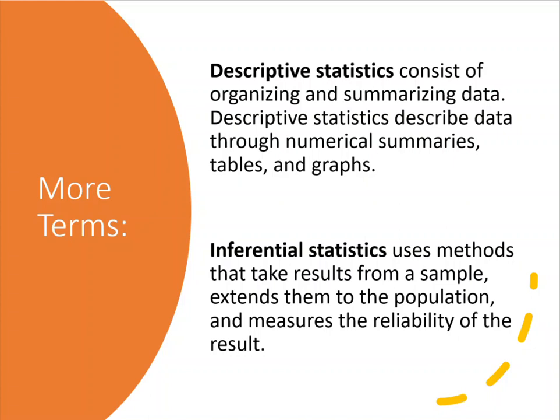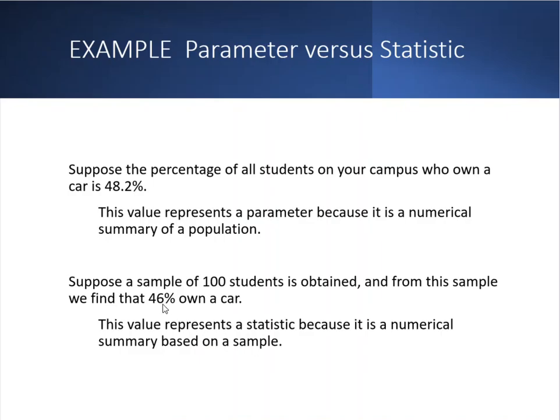And I'm going to do that using numerical summaries, tables, and graphs. So in the previous slide, when we were talking about 46% of the students who owned a car, that's considered a descriptive statistic. Same as 48.2% of all the students who own a car, that again is a numerical summary, which we consider a descriptive statistic.